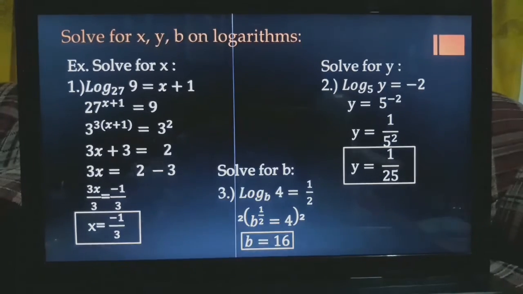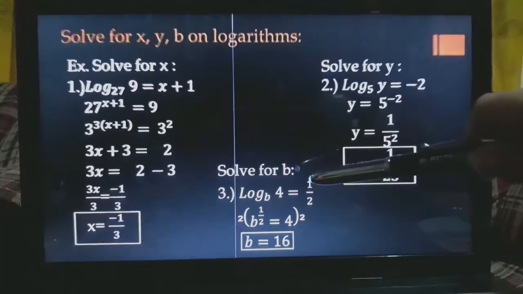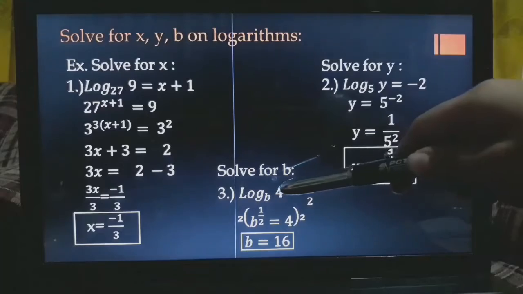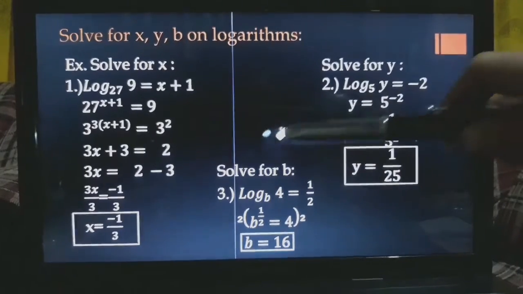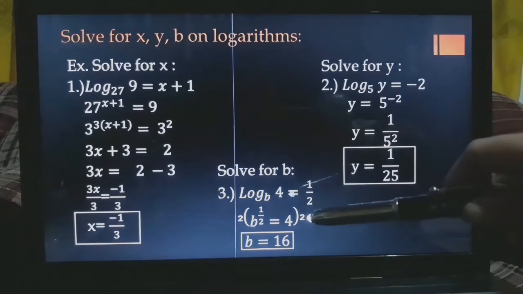Next is solve for b. Logarithm of 4 to the base of b is equal to 1/2. So, it will convert into exponential form. It will be written as b raised to 1/2 is equal to 4.